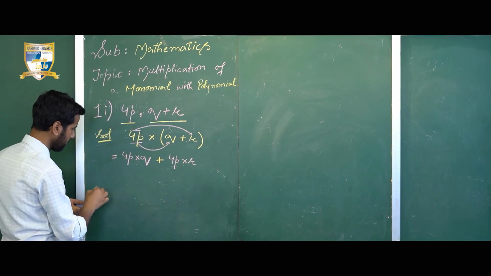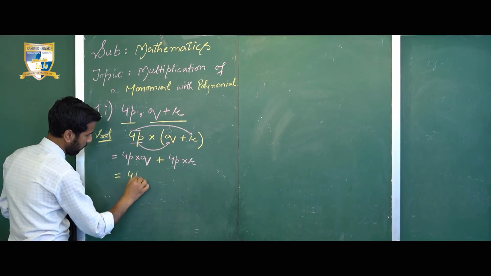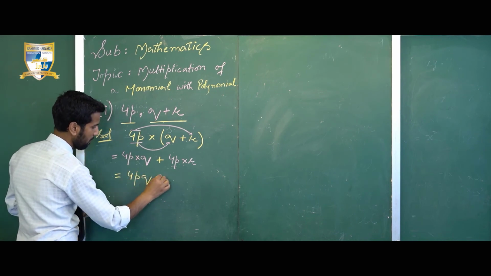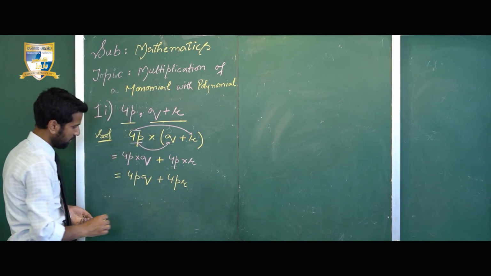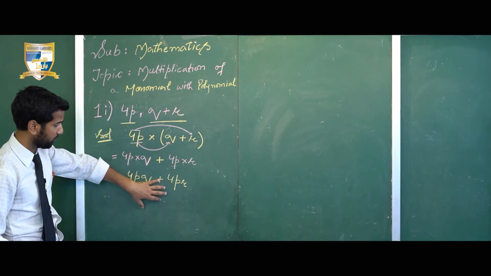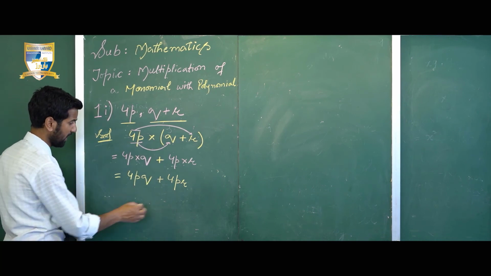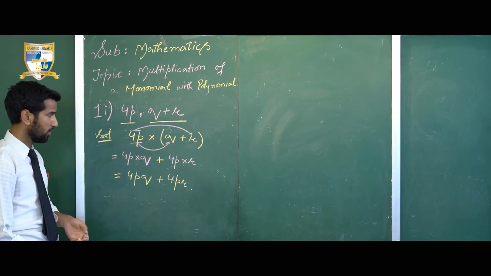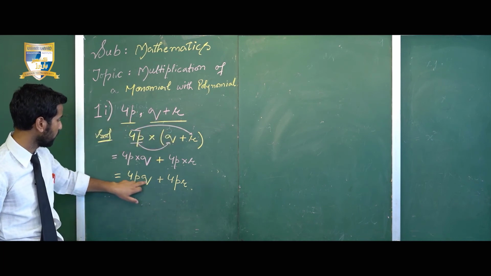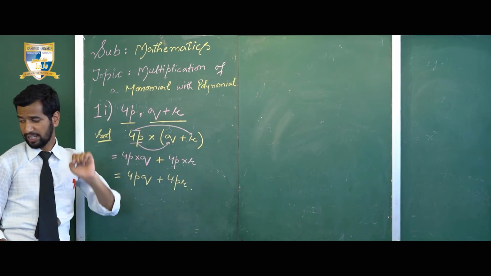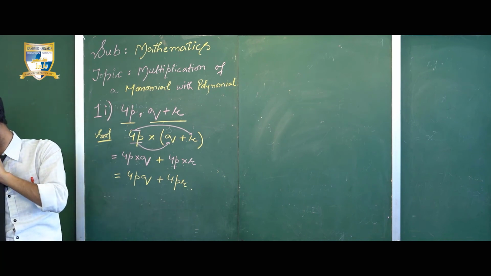So it will be 4pq plus 4pr. Now the 2 terms are unlike here, so we can't proceed further. So that is the end of this question. So the multiplication of 4p with q plus r yields 4pq plus 4pr. So that is question number 1, part number first.